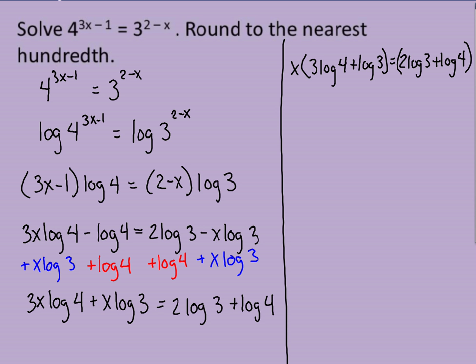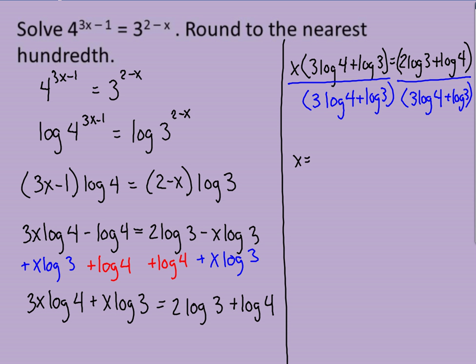To get the x by itself, we can divide on both sides. So this is going to leave us with x is equal to 2 log of 3 plus the log of 4 all over 3 log of 4 plus the log of 3.